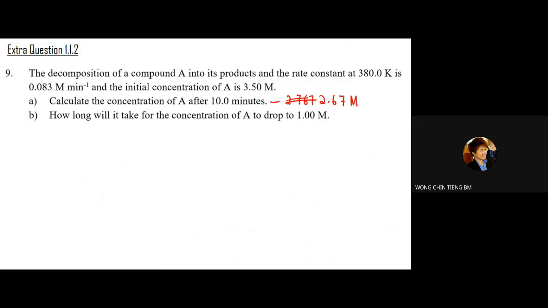Okay, continue down. Part B: 30 minutes. Okay, trust your logic.